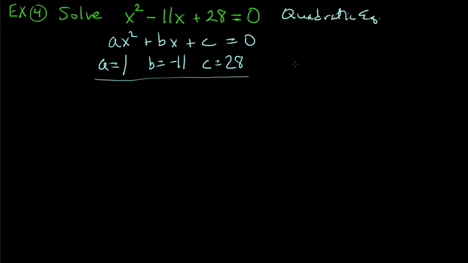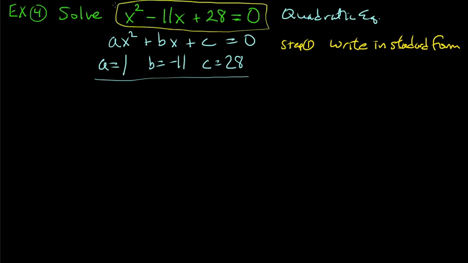The first thing you're going to do to solve a quadratic equation, step 1, is to write the equation in standard form. In fact, they did that for us already, because it's already in standard form, there's nothing we have to do here.